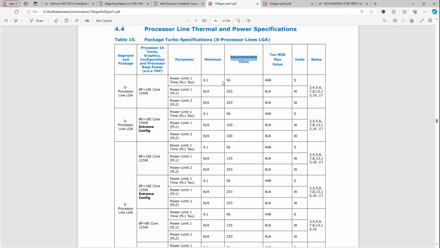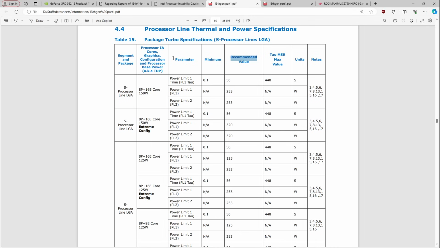But degradation is a much more serious concern than the binning being a bit loose on the top-end silicon. Because that would basically mean that Intel has no idea what the silicon can actually tolerate, right?